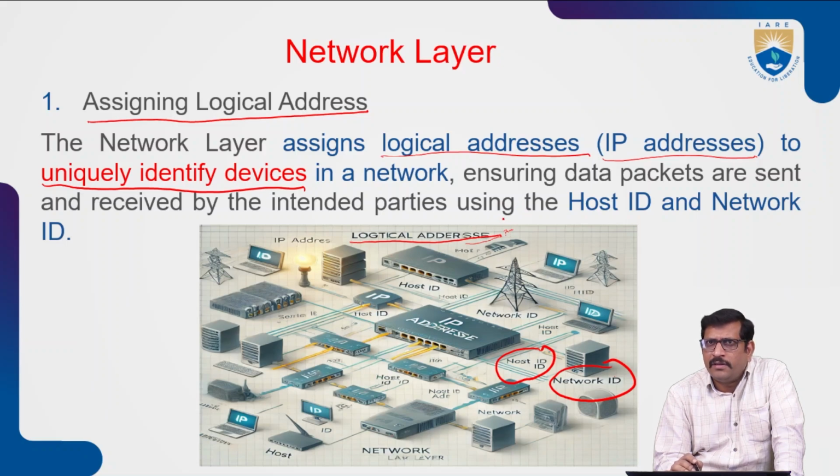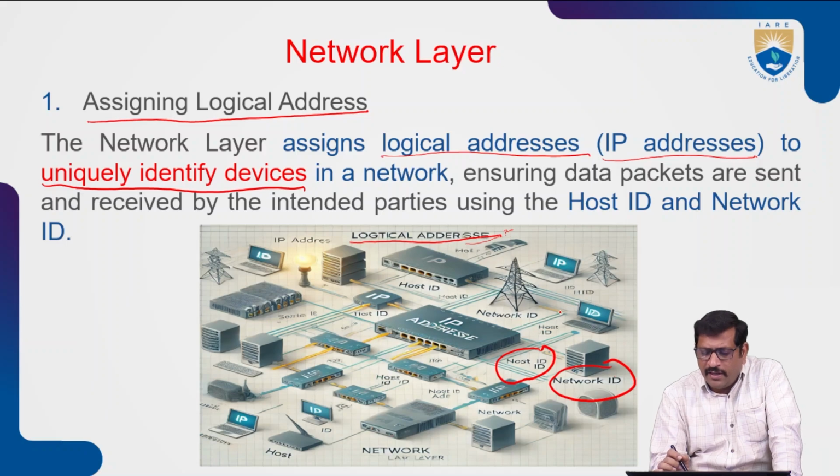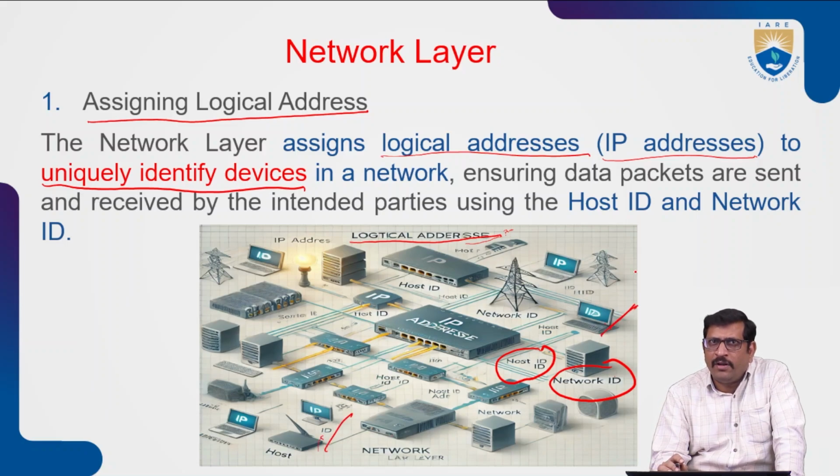Why? Because with the logical address alone, we can't transfer the data packets from one network to another network, or from one device to another device. That's why the logical address is first converted into the physical address. Only by converting to the physical address can the data packets be delivered.